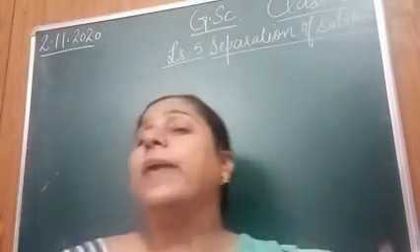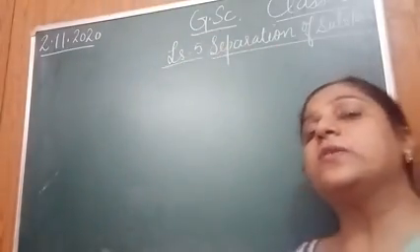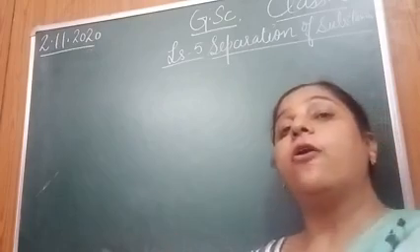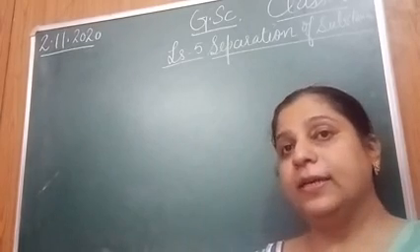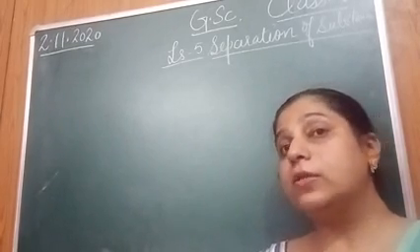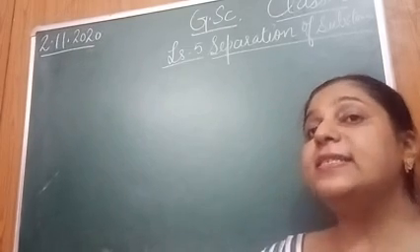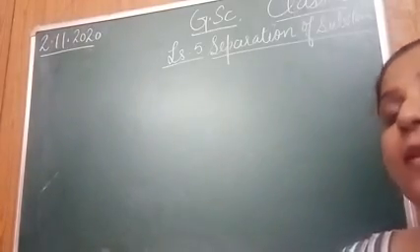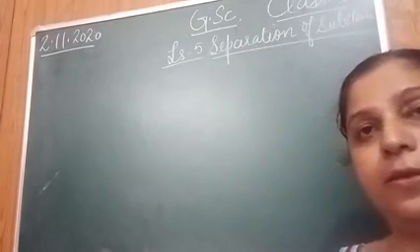Students, you see so many things around you, right? There are so many things which are made of one or two or three or four components. Even the air around you is a mixture of gases, water vapors, and dust particles. Means even the air that you inhale is made up of so many components, right?